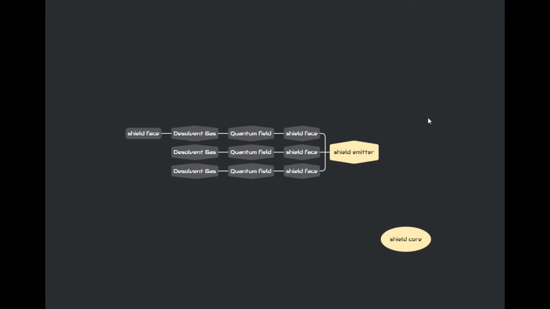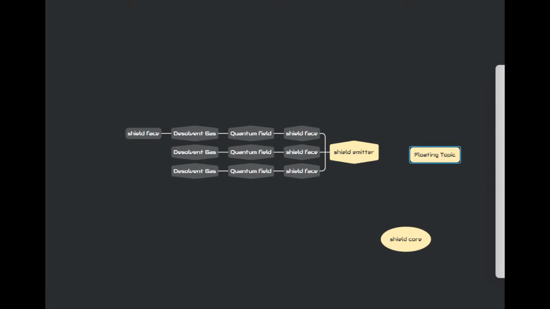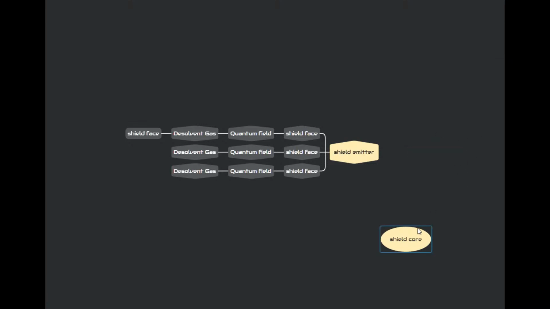So the shape of it will be pretty much triangular. So see if we can create a triangle here. It's a shame there's no way to do it properly. Never mind.